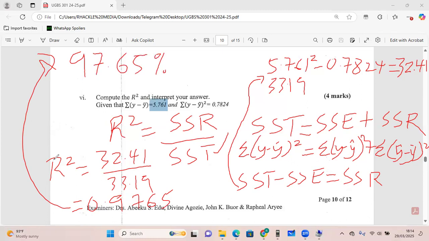So how we are going to interpret this is that 97.65% of variation in hemoglobin level is explained by the variation in folic acid intake.